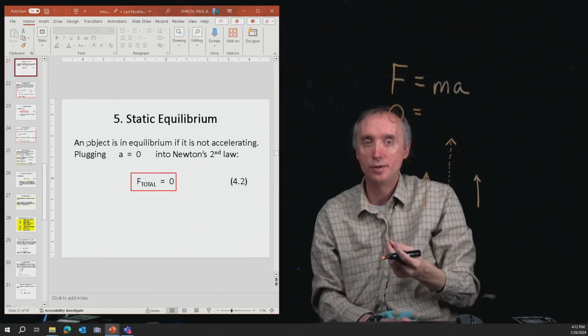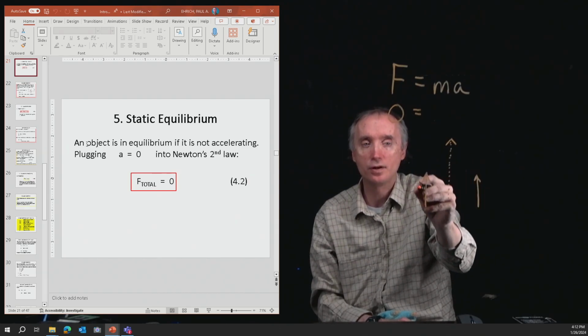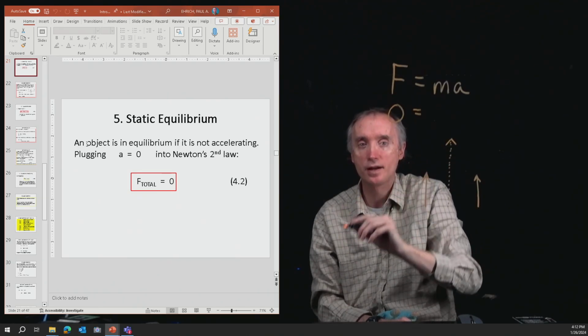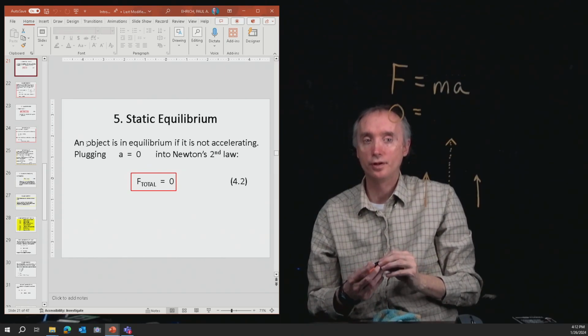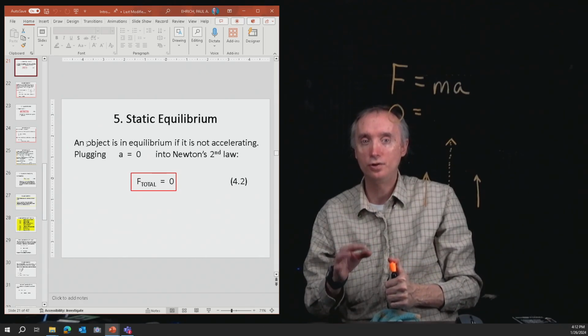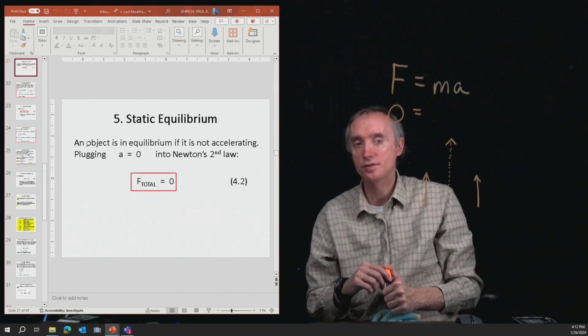Then that's going to be called static equilibrium. If all of the forces acting on the system total up to 0, then it's in static equilibrium. Now, when it's in static equilibrium, don't get the idea that it doesn't move. It could move, it's just going to move at a constant speed.